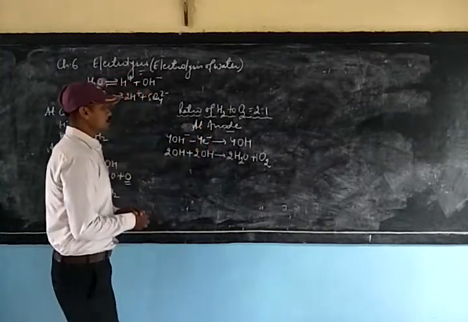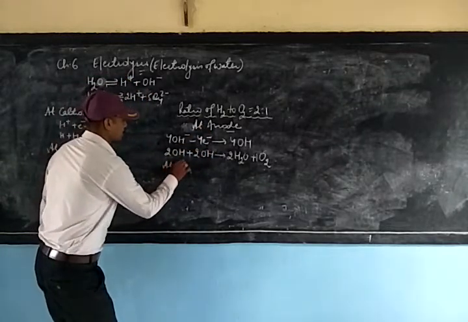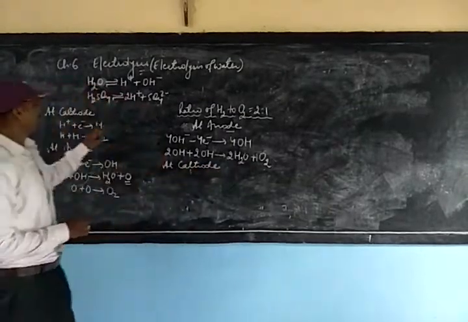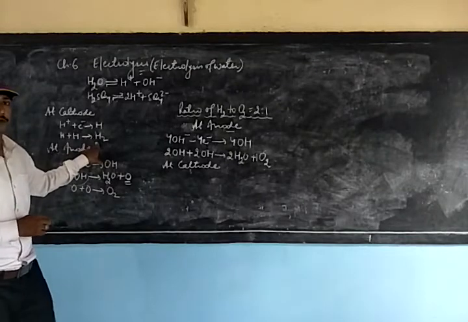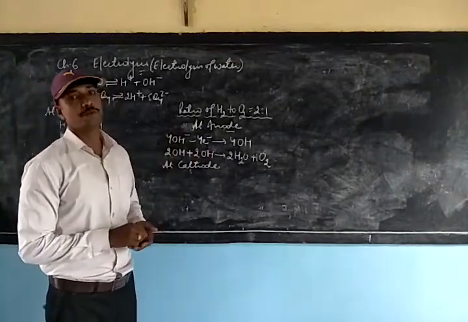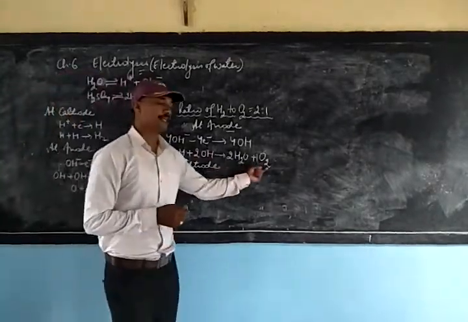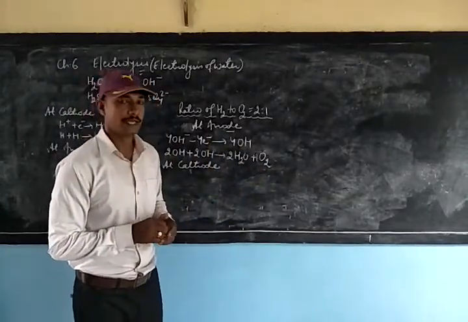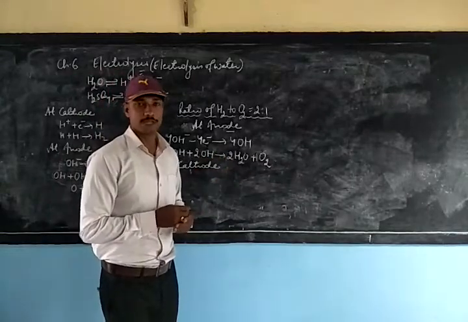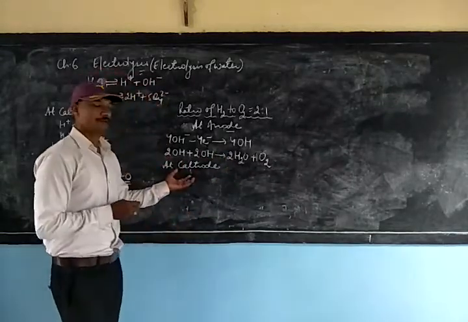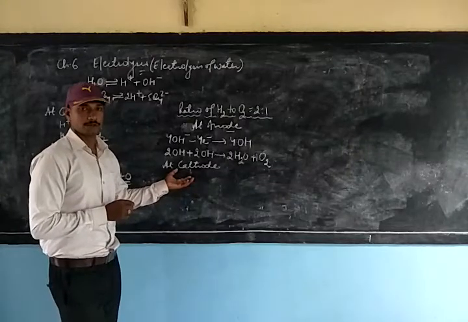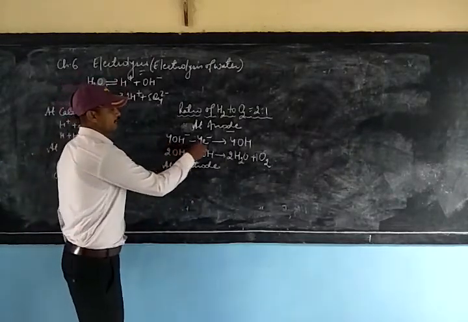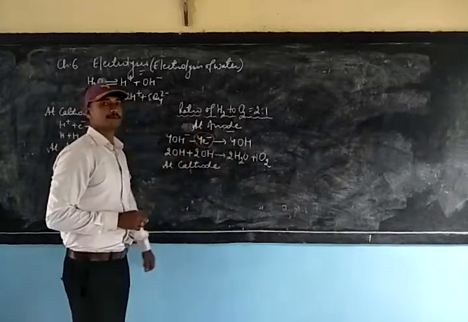Now let us come to the cathode side. We know at the cathode there will be hydrogen gas produced, but the volume of hydrogen should be twice the volume of oxygen gas. How this twice the volume of hydrogen gas would come, we can understand from here. At the anode, you can see 4 hydroxyl ions have lost 4 electrons.